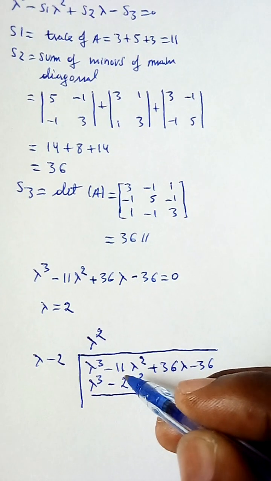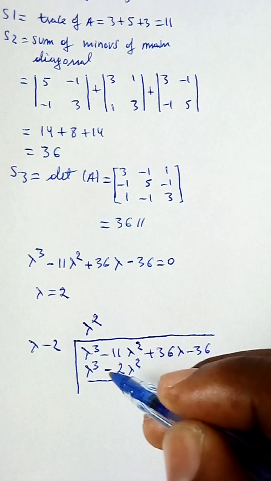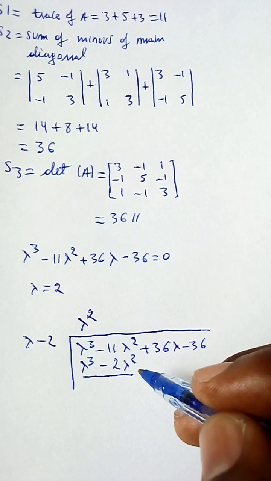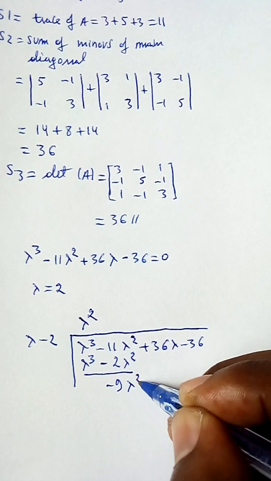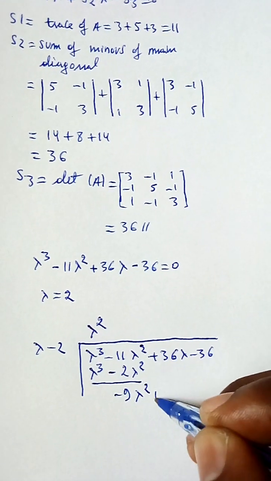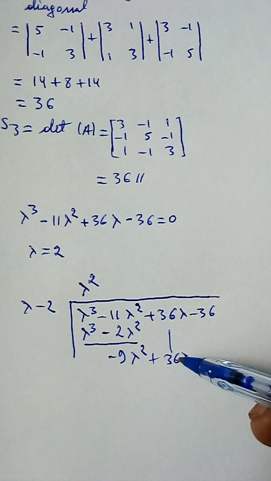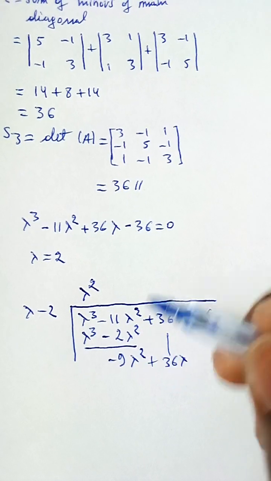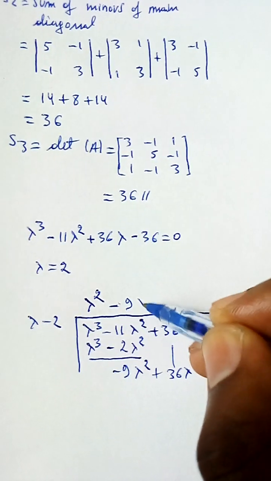Minus 11 lambda square minus 2 lambda square is equal to minus 9 lambda square. Here we have 36 lambda, so we have to make 0 here. We have to put here minus 9 lambda.